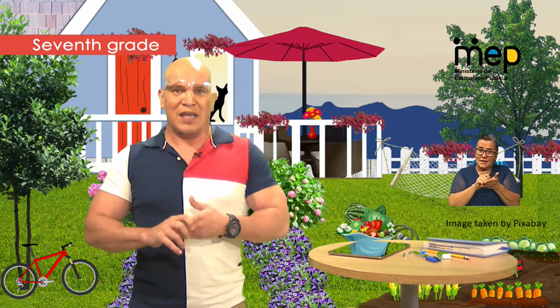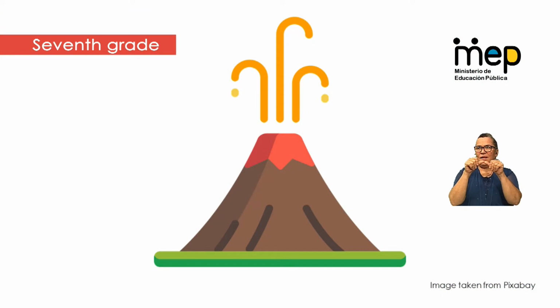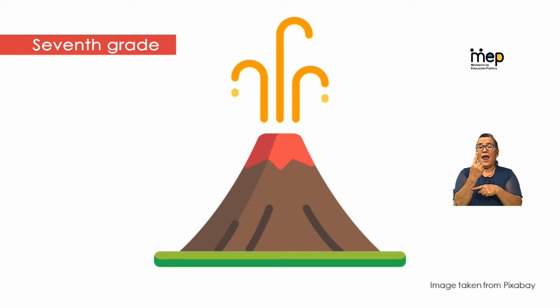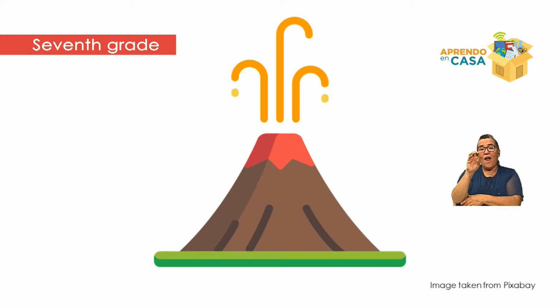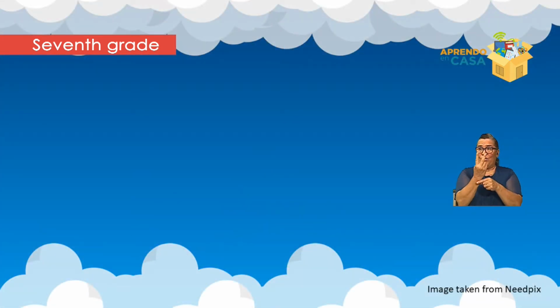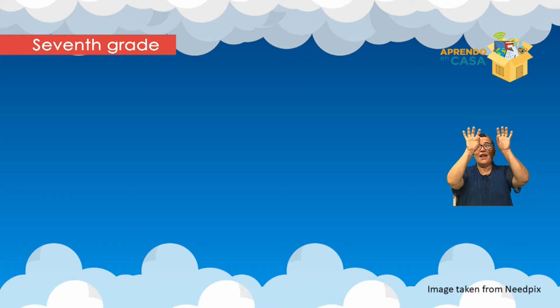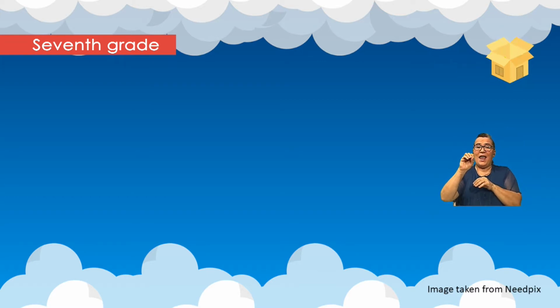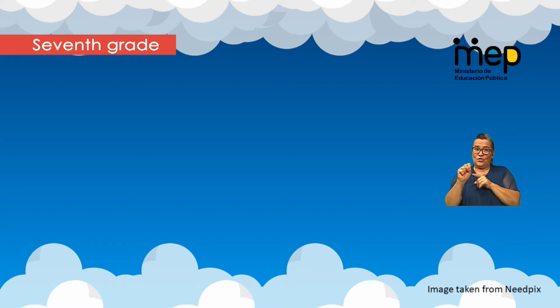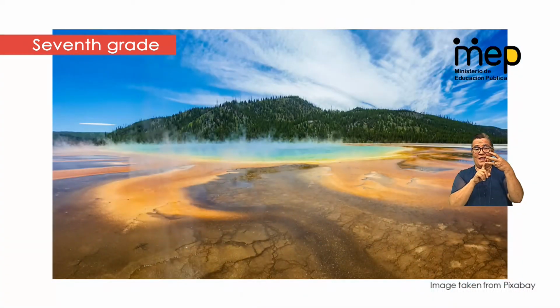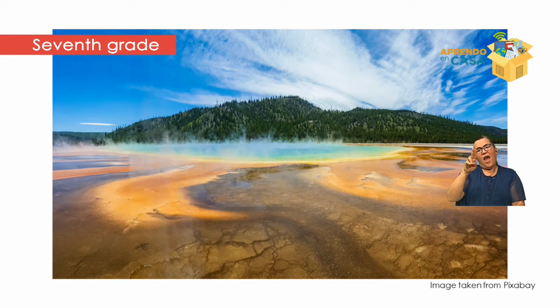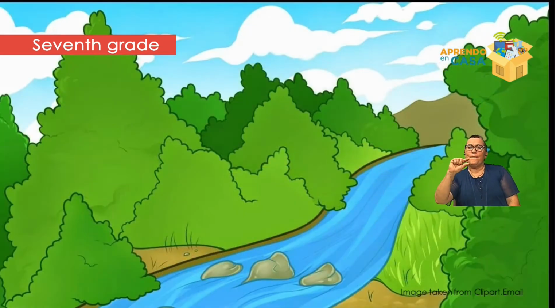Okay, here we go with number 1. Volcano. There is a volcano. Number 2. Clouds. There are clouds. Number 3. Hot spring. There is a hot spring. Number 4. Local river.